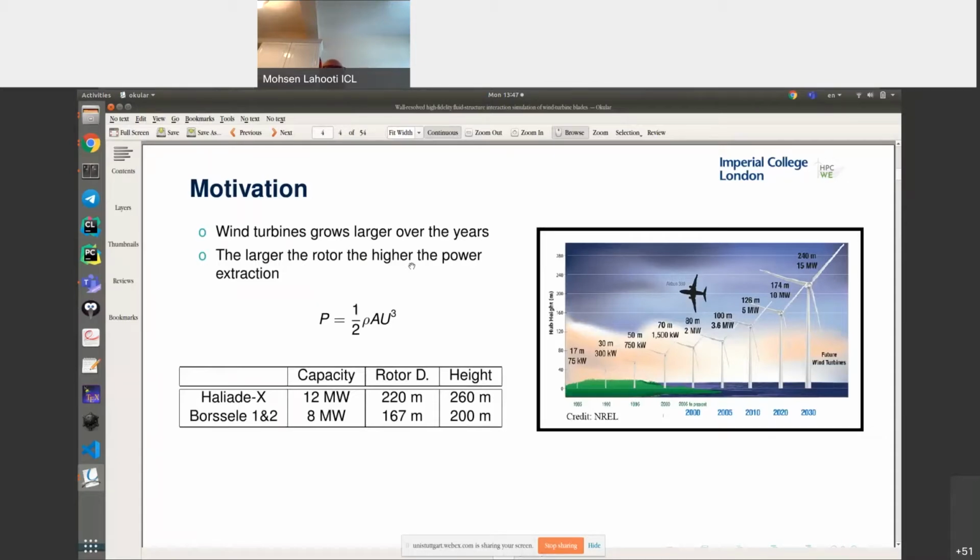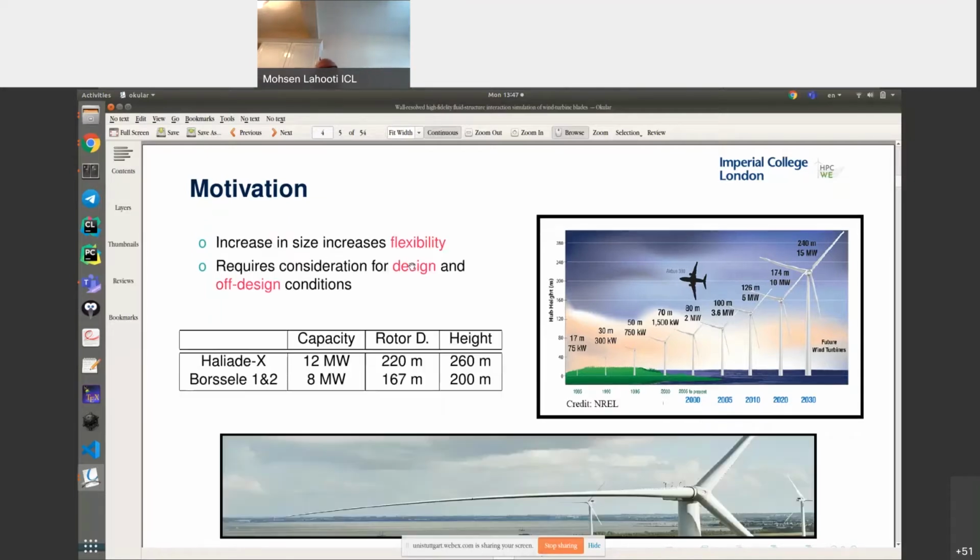A couple of examples here are the HALE-X wind turbine, 12 megawatt with 220 meters rotor diameter, and another, an 8 megawatt turbine with 167 meters in diameter.